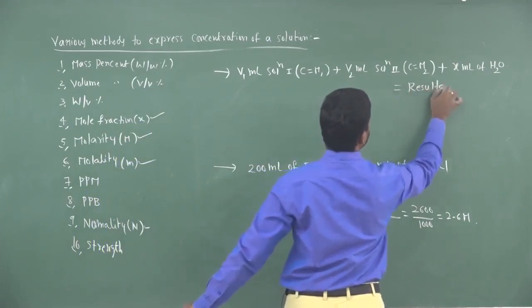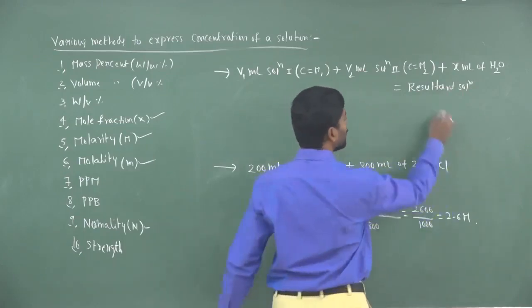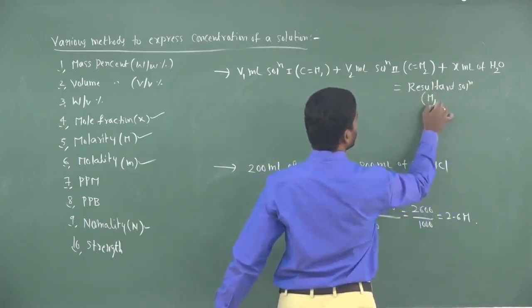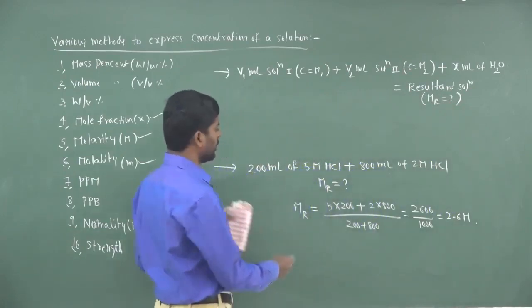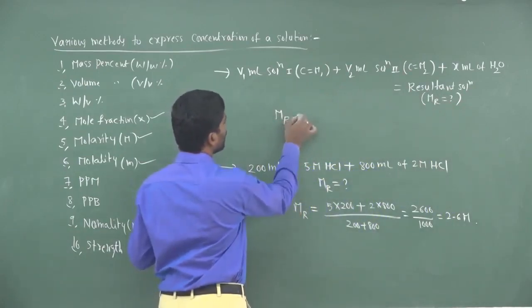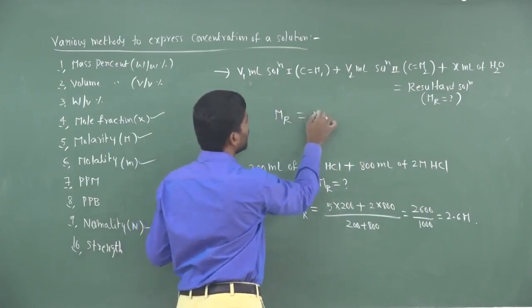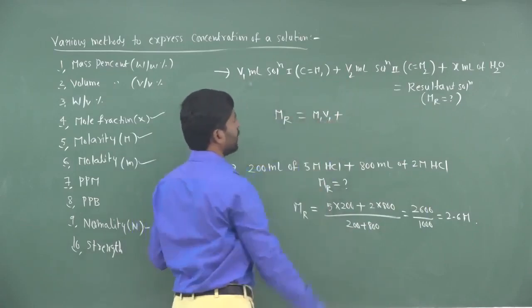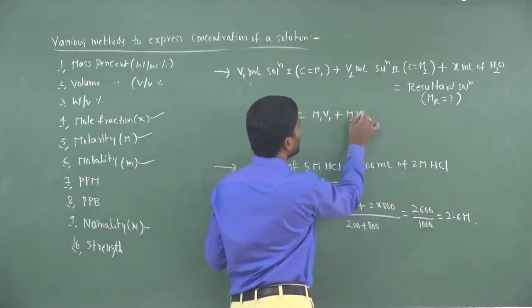What is the resultant solution molarity? The resultant molarity is equal to the number of millimoles of solute present in the first solution, M1 V1, plus the number of millimoles in the second solution, M2 V2.